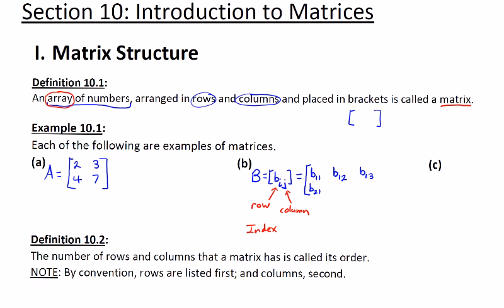That's entry 2, 1. Next to that will be entry 2, 2. And then next to that will be the second row, third column, and that will be subscript 2, 3 with our indices. So that's a nice little convention that we have for working with larger matrices. Don't necessarily need that with small ones, but with large ones it's really helpful.